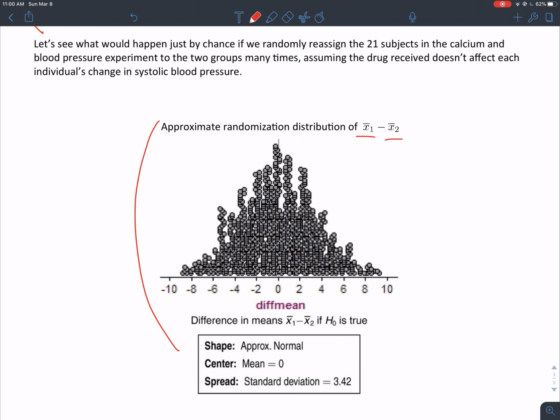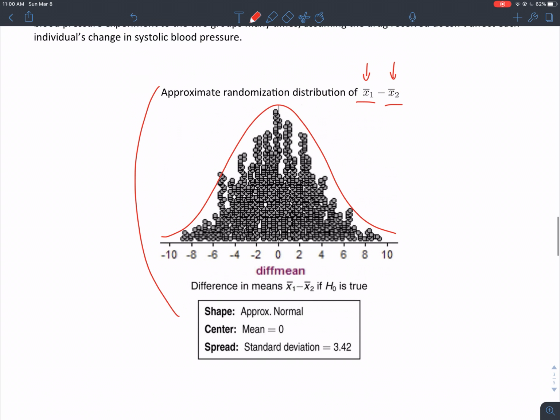So a sampling distribution for a difference in sample means is very, very similar to a randomization distribution for a difference in sample means. If each one is approximately normal, then your randomization distribution of the difference in means is also approximately normal, and it works very similarly to a difference in means for a sampling distribution.